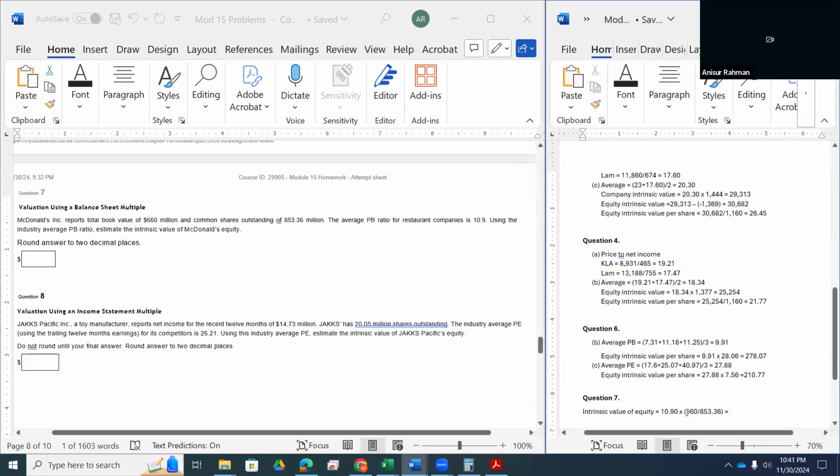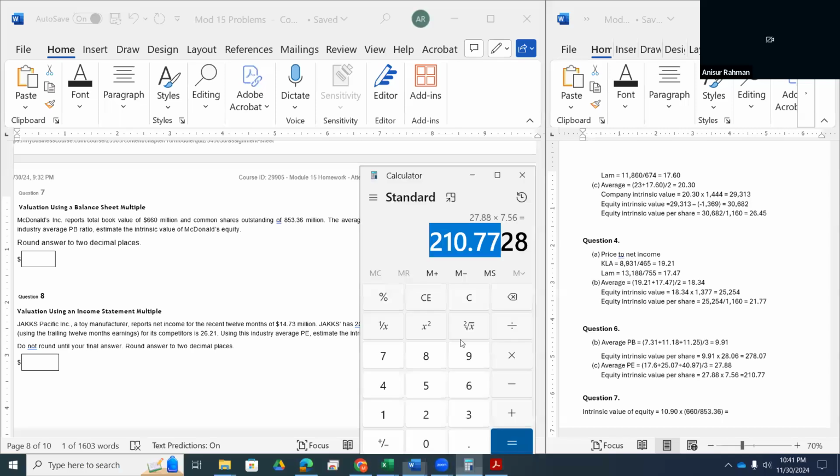So this calculates book value per share. It's 8.43.